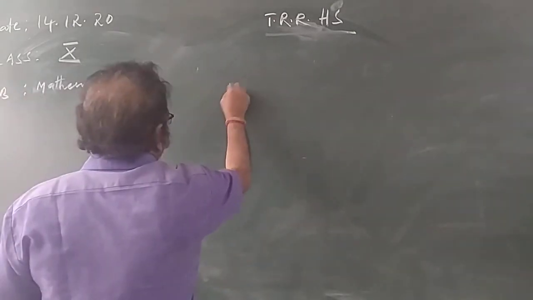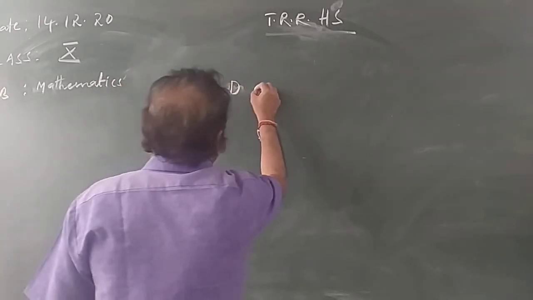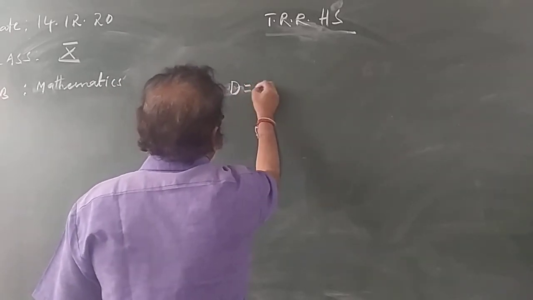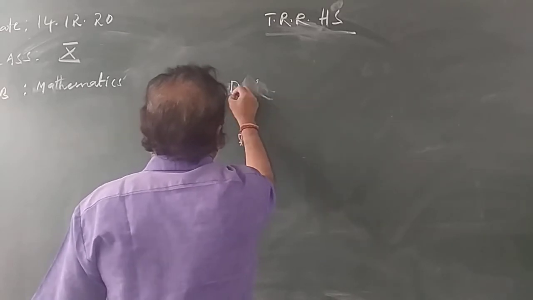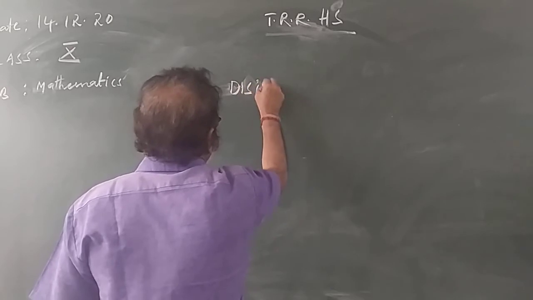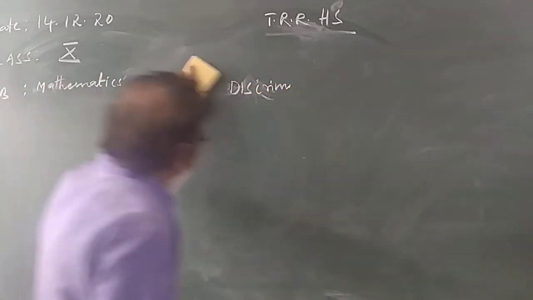So discriminant D means b square minus 4ac.